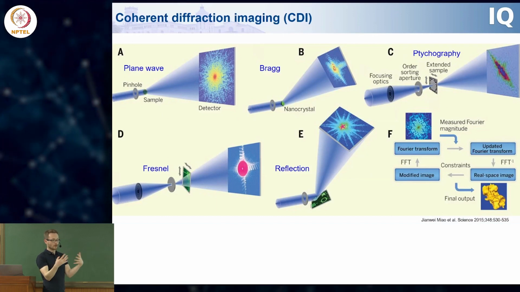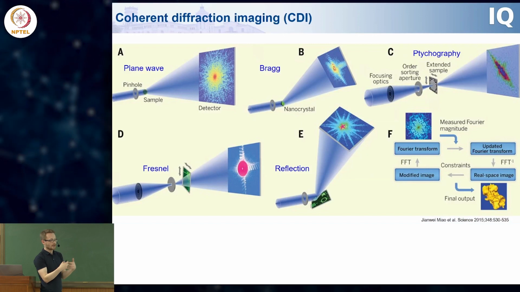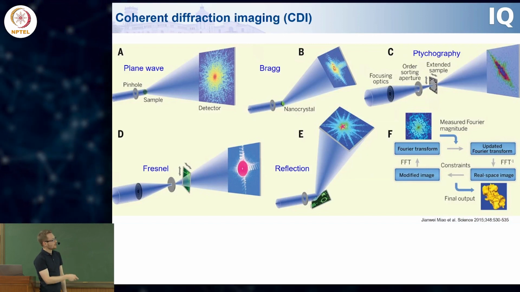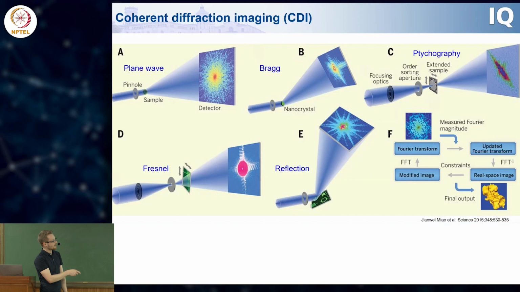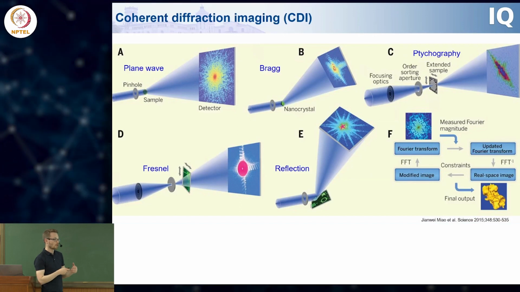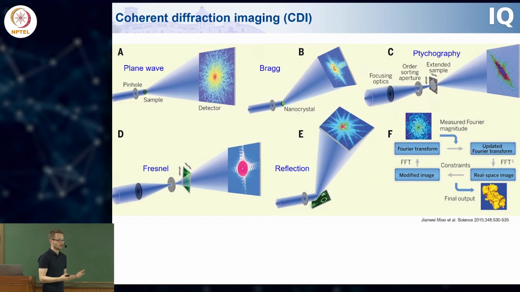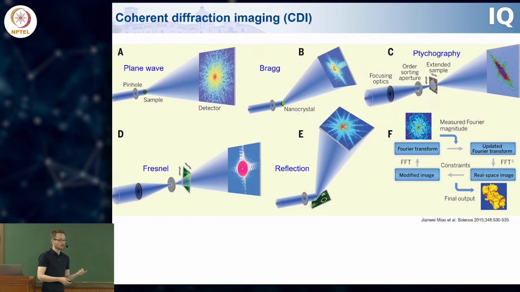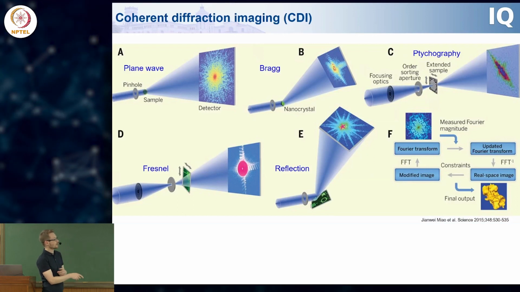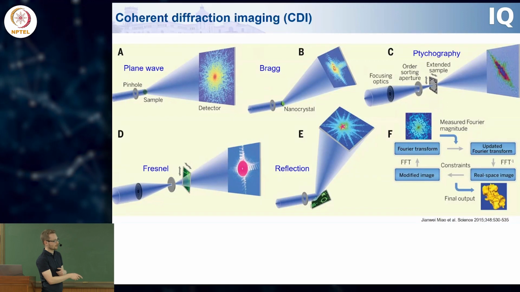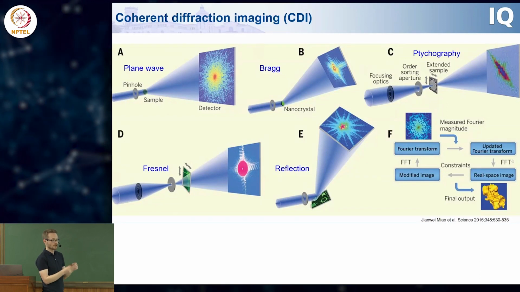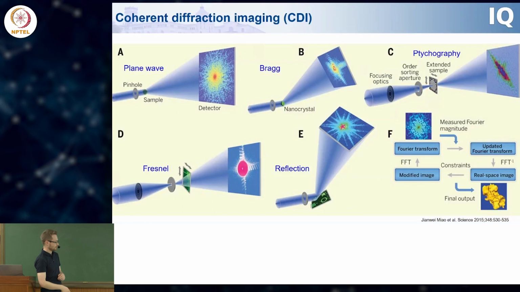And then by combining all those diffraction patterns and having a joint reconstruction of them, you can get back the image. However, you have more freedom. You have redundant information, which makes the reconstruction more stable and allows you to, for example, also reconstruct parameters of the incoming beam and other side parameters that you might want to know about the sample.